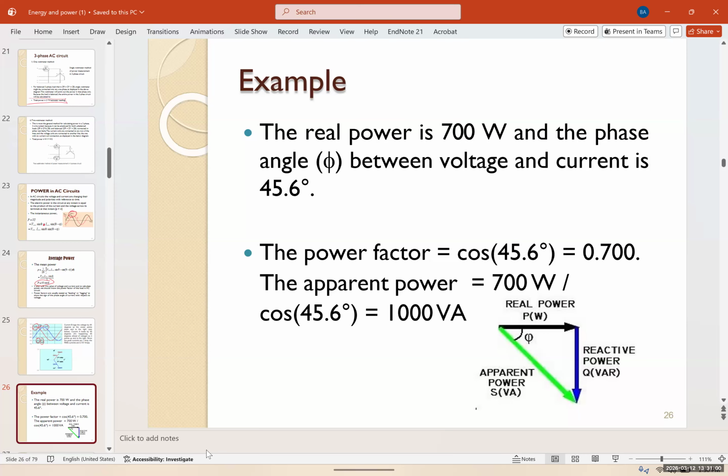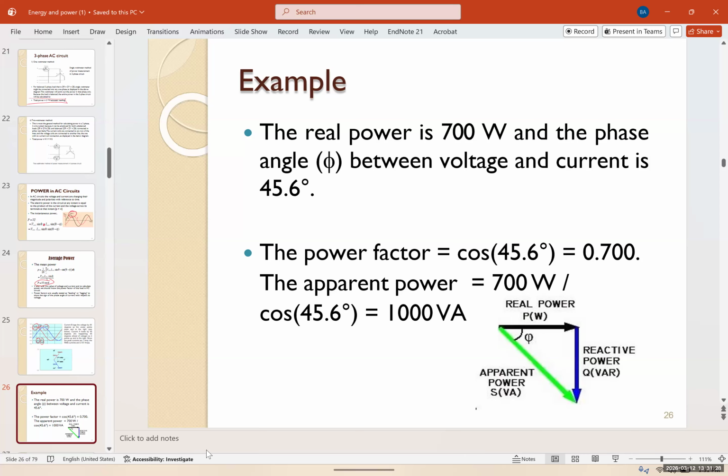Now, we already went through this. Let's solve an example. The real power is 700 watts, and the phase angle is 45.6 degrees. What is the apparent power? We first find the power factor, which is cosine of 45.6 degrees, and that gives us 0.7.